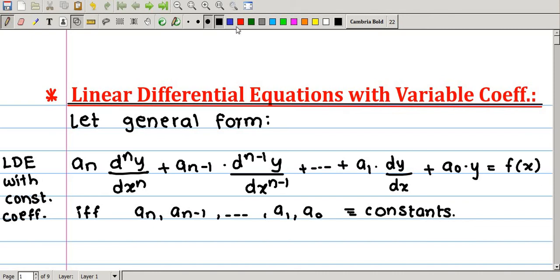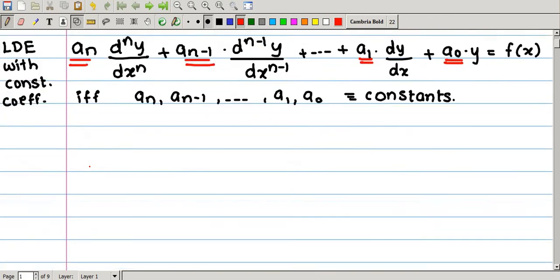and if these coefficients, that is an minus 1 up to a0, are written in terms of the variable x, then the general form is known as a linear differential equation with variable coefficients.